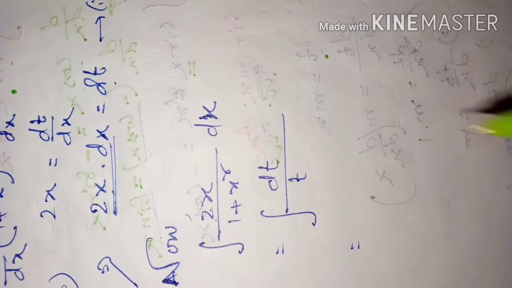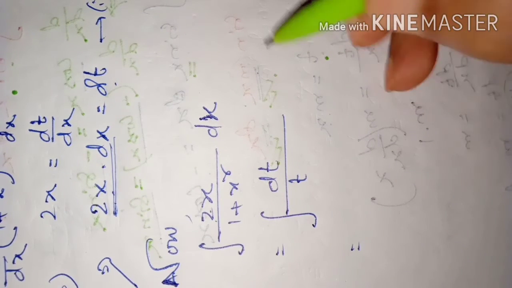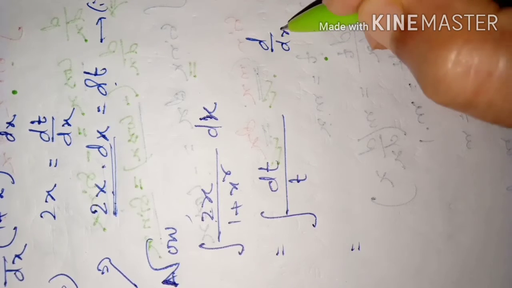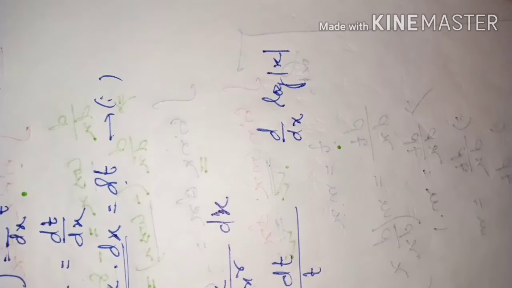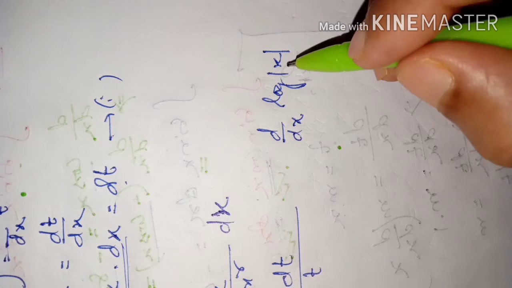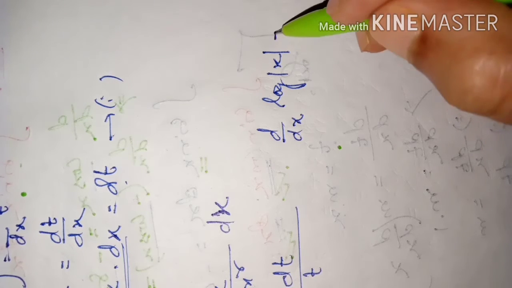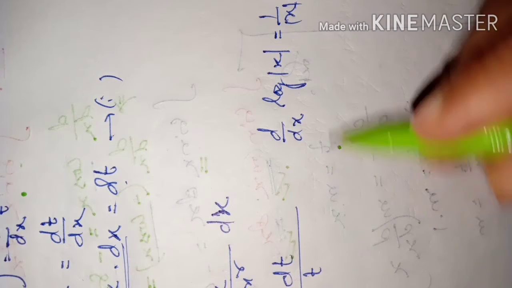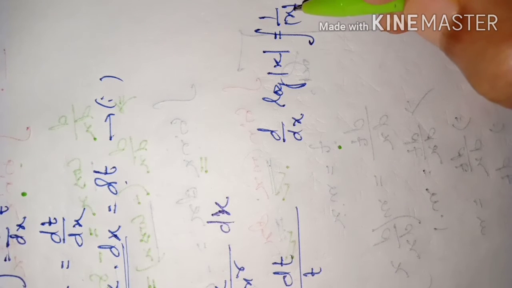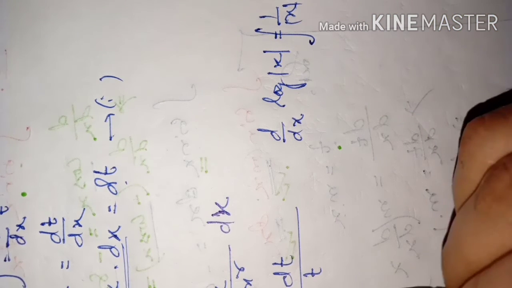Integration of dt by t is equal to, the derivative of log of x for a positive number is 1 by x. So integration of 1 by x dx will be equal to log of mod x.